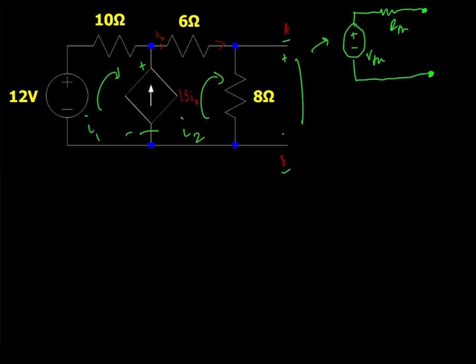What we can do is use this current source in between the two meshes as one of our constraint equations. We've defined I2 as going this way and I1 as going this way, and we have a dependent current source that is equal to 1.5 IX. So that can be one of our equations.